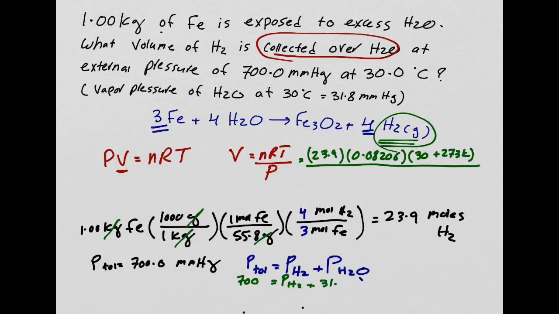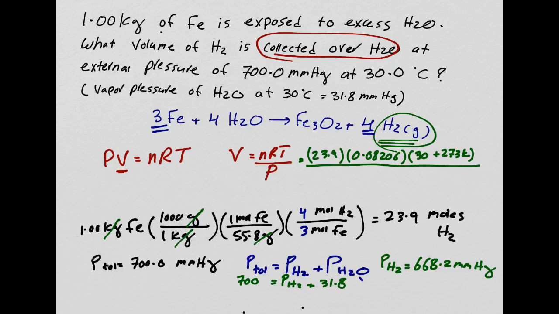So 31.8. And in the back of your lab manual, it gives you the vapor pressure of water at different temperatures. So if I do that, what I end up getting for the pressure of just H2, which is what I want, is 668.2 millimeters of mercury. You guys are following me so far?